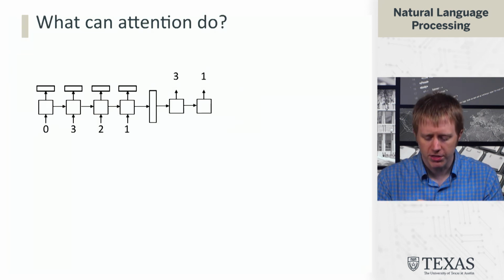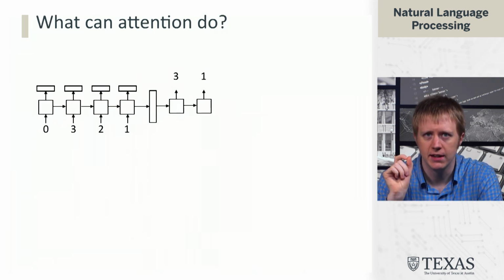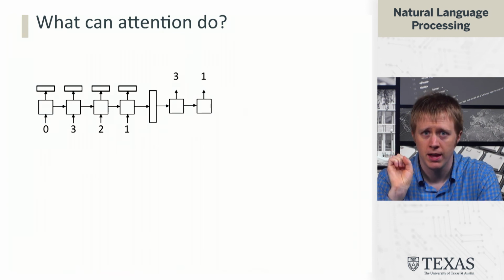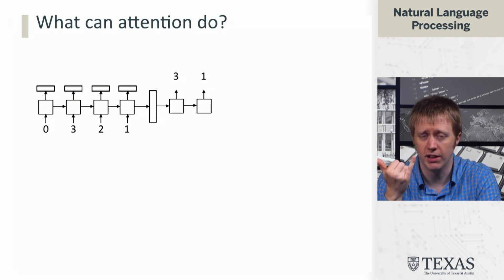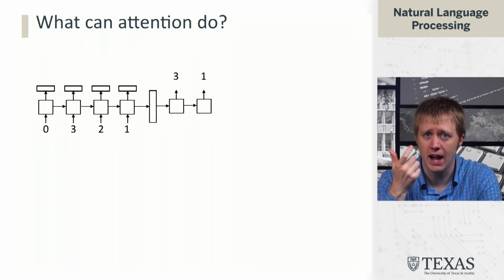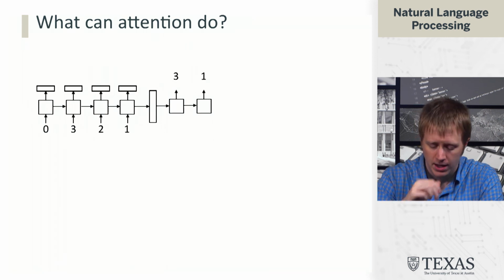Okay, so I just want to think a little bit about what exactly attention can let us do. Here we have a very simple sequence-to-sequence mapping problem, where you have an input list of integers, and you want to output the integers that are odd.